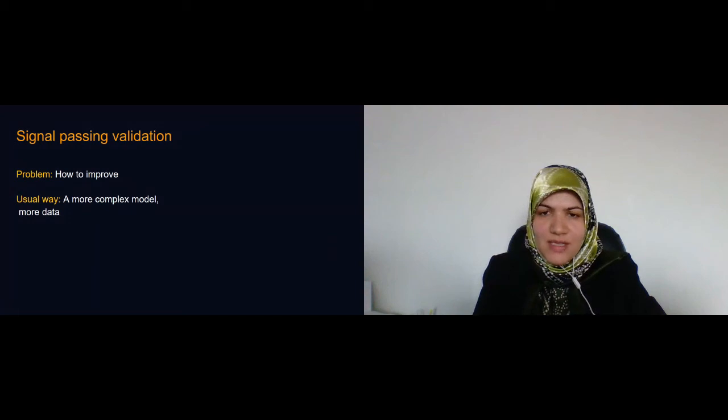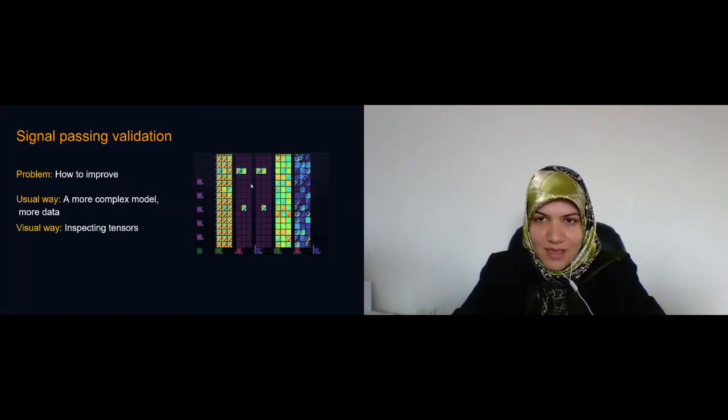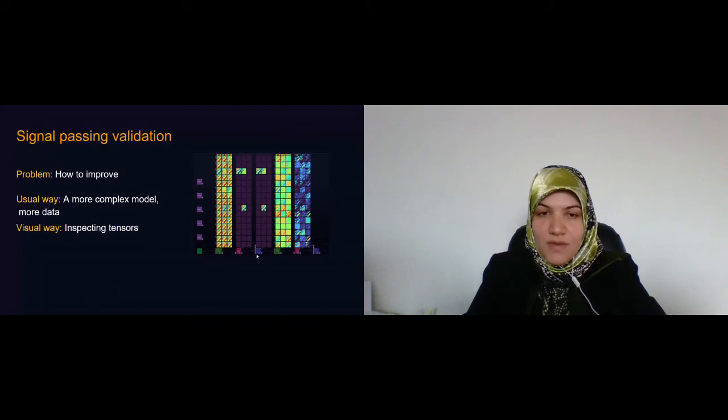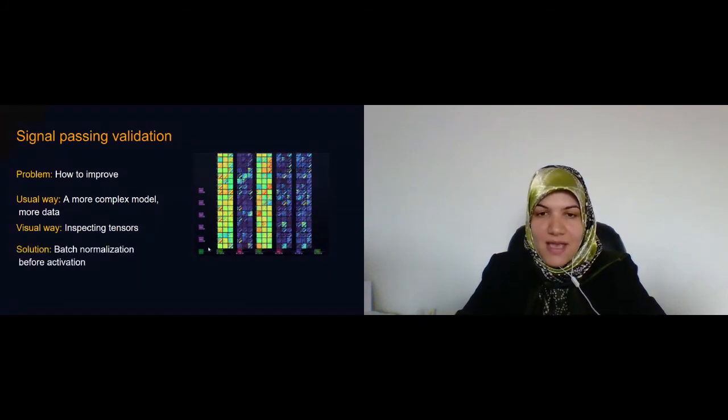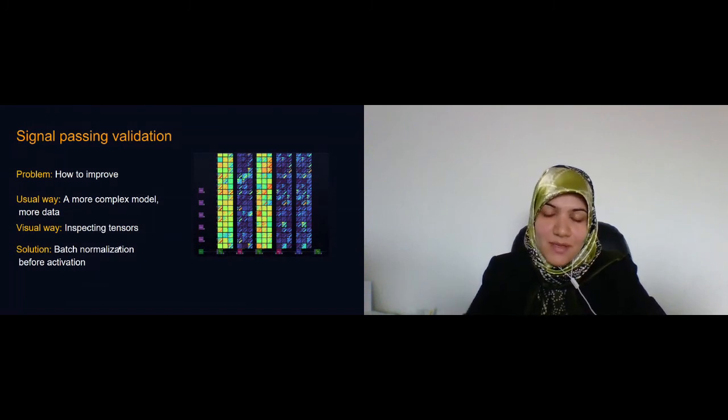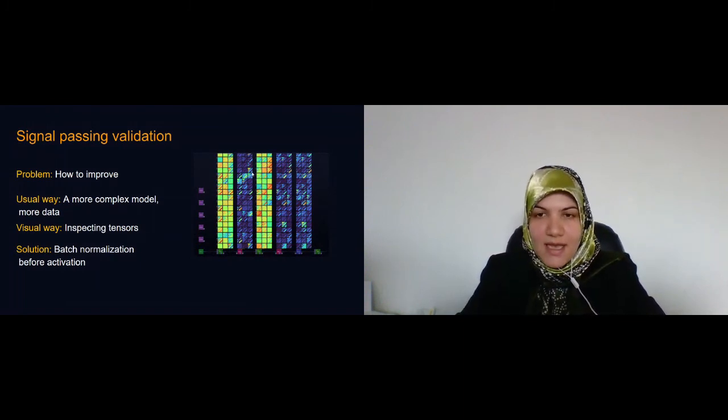But with visualization, we realized that at the beginning of the network, again, there are some layers that are not passing the signal, and we are losing the information in these layers. We already had batch normalization, but the problem was that we had the batch normalization after the activation function. We just moved the batch normalization before the activation function, and we could improve the results by around 2%, from 88 to 90.